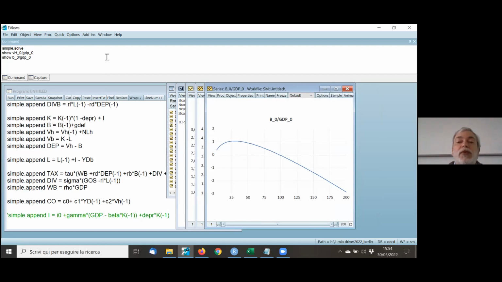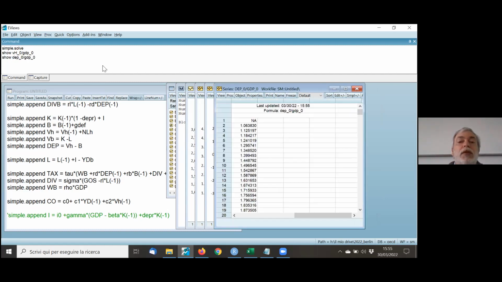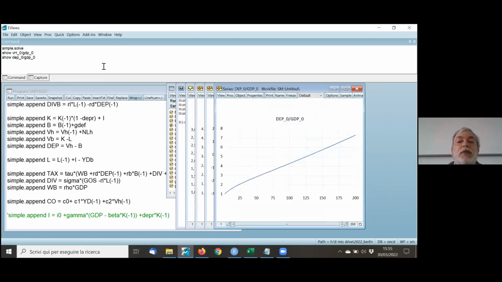This is not converging at all. So there is something weird. And this means that the deposits are getting negative. No, they're getting much larger than wealth. So this is crazy.